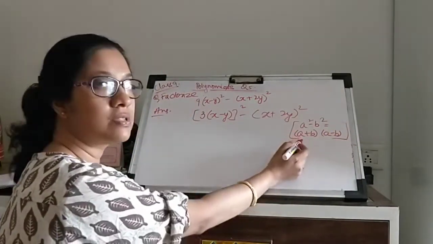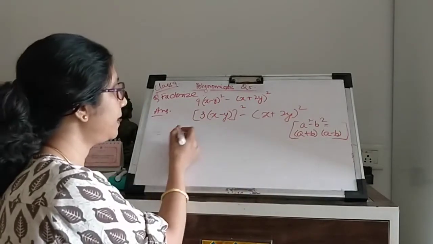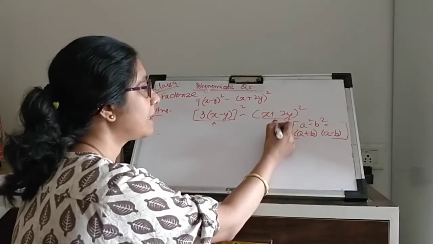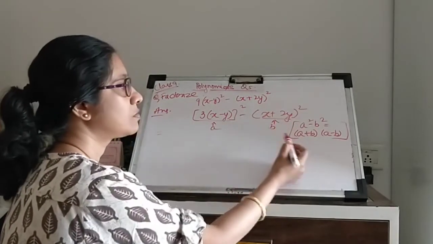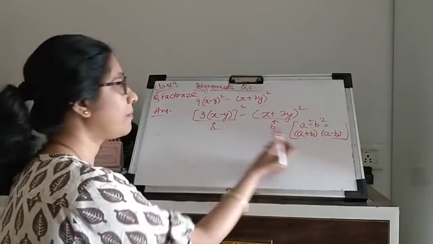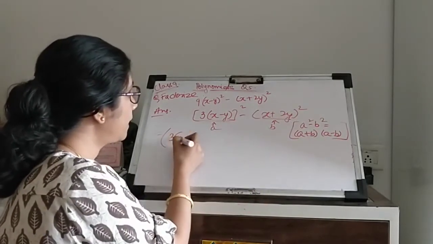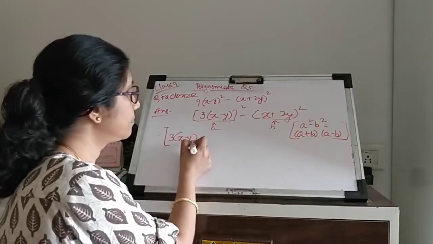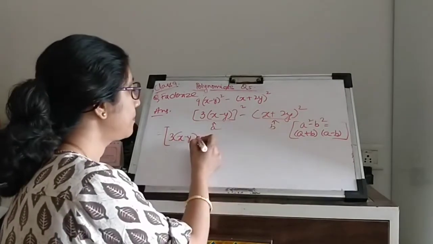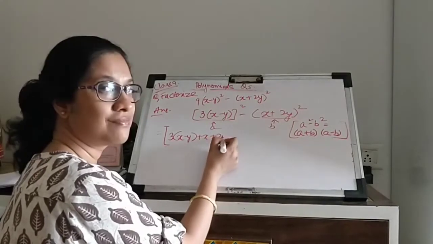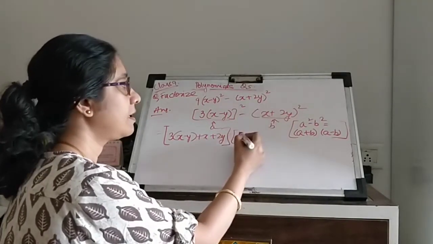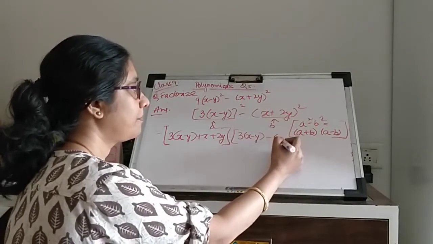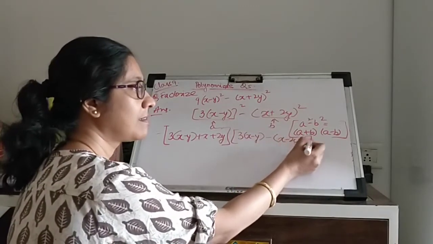So if I just use this formula and apply it here, what do I get? This is my a, this is my b. So all I have to do is write it in this form: a plus b and a minus b.